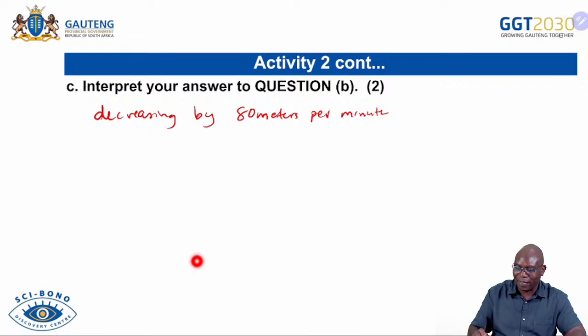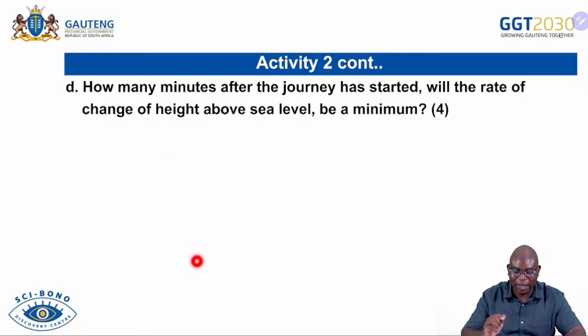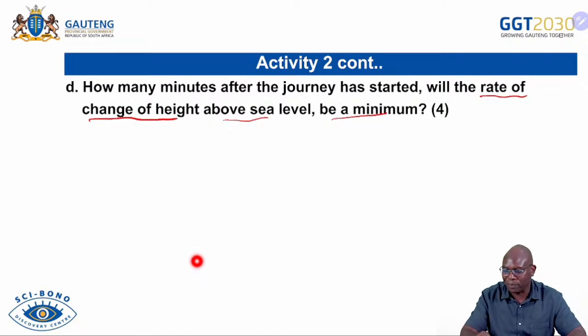But the next question says, how many minutes after the journey has started will the rate of change of height above the sea level be a minimum? So what are we going to do there?